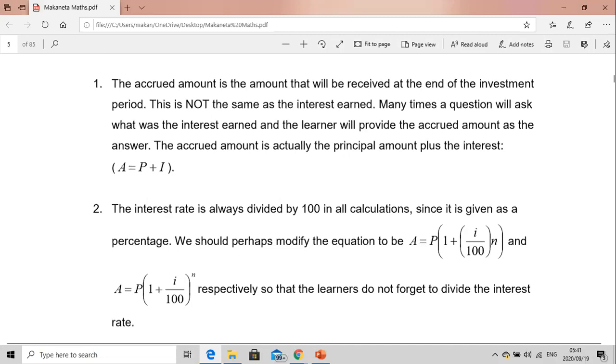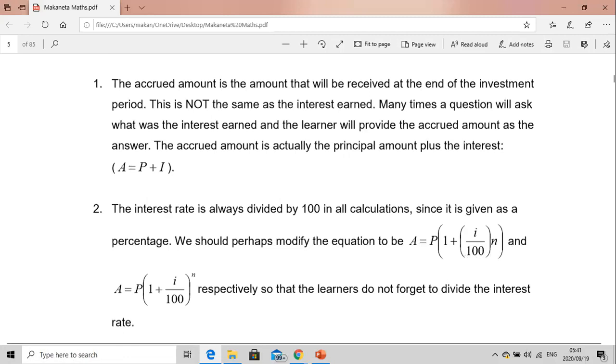You need to know that your interest has to be divided by 100. So that is why we have shown you here that you can simply divide interest by 100. And this applies to both equations, the first one being the simple interest equation, followed by the compound interest equation.